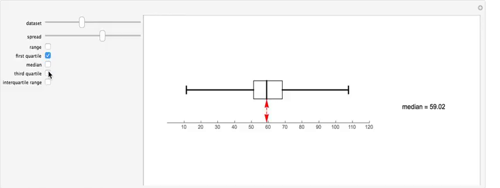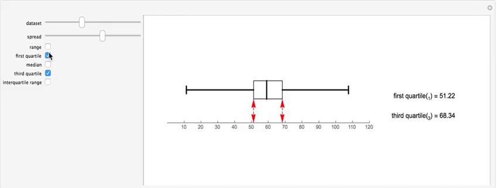We can look at the first quartile and the third quartile. And these are kind of like the median, but a little different. So instead of 50% on one side and 50% on the other side, we have 25 and 75. So this is your first quartile. It's the left side of the box. That means 25% of your data is less than the first quartile, and 75% of your data is greater than the first quartile.